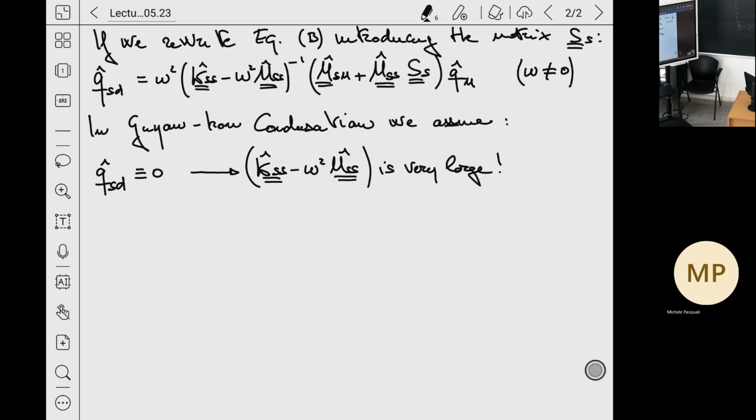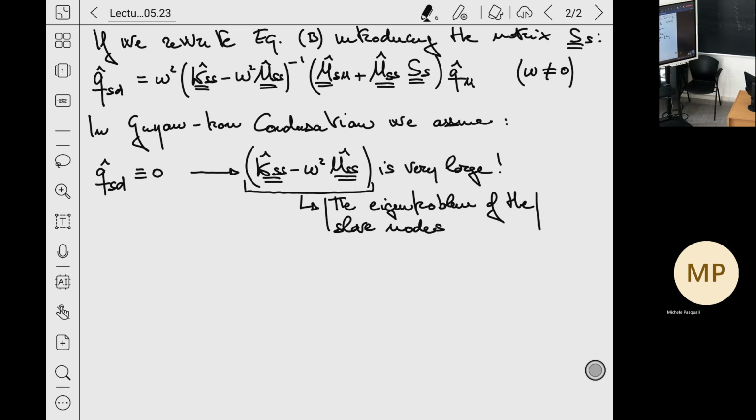Meaning that when I say that this term has to be very large, it means that the dynamics of the slave nodes must happen at very high frequencies with respect to the bandwidth which I am interested in.